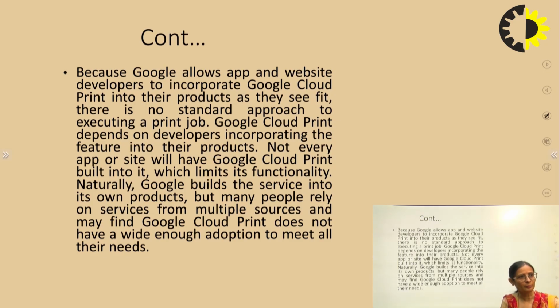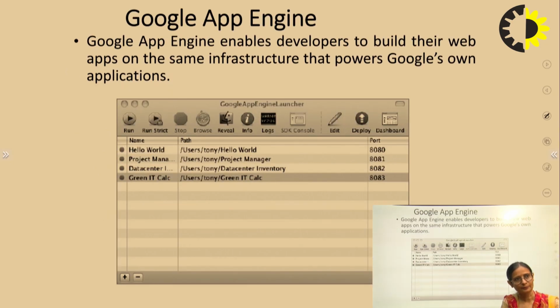Google Cloud Print depends on developers incorporating the feature into their products. Not every app or site has this capability, so it limits its functionality. Google builds the service into its own products, but many people rely on services from multiple sources and may find this service does not have a wide enough adoption to meet their needs.